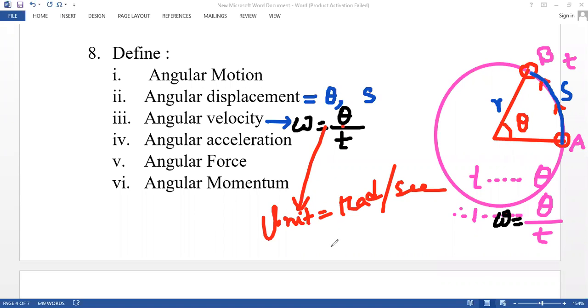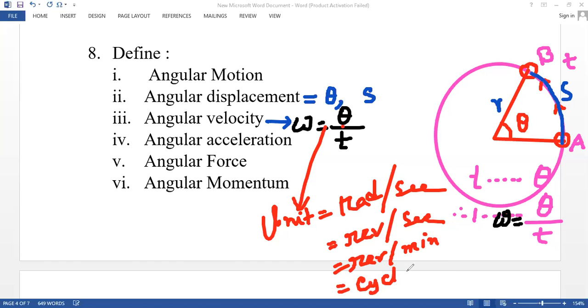Another unit is revolution per second. Another is revolution per minute. Another unit is cycle per second, that is hertz. There are too many forms of units of angular velocity. It is also discussed in your previous chapter.